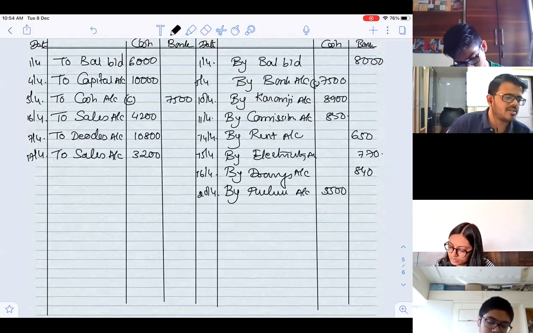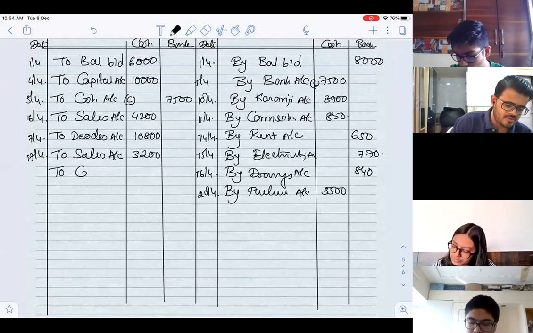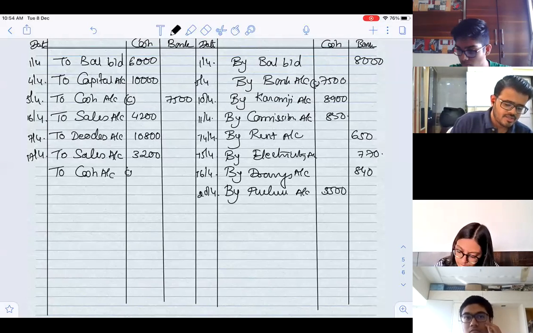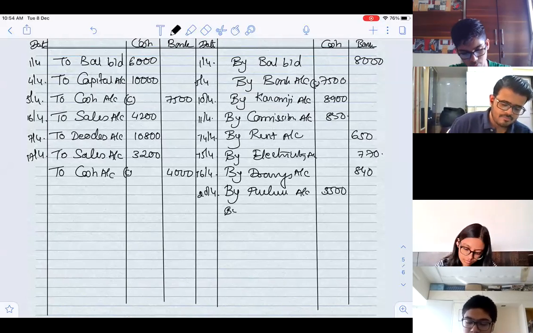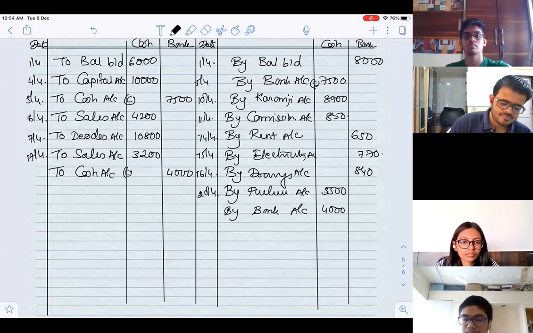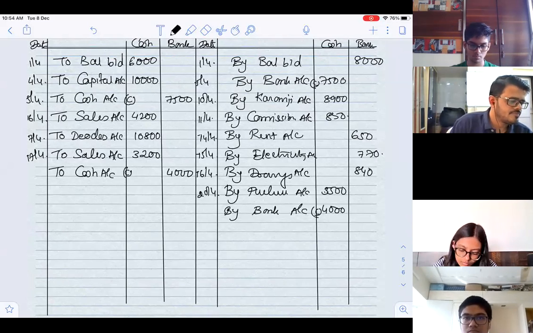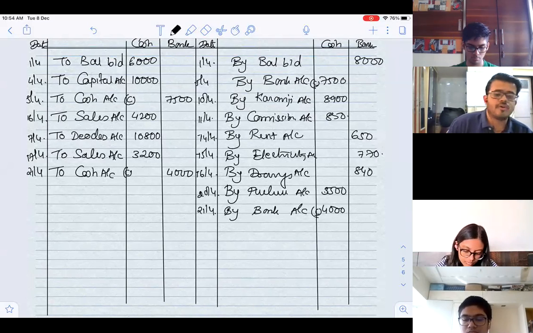And deposited 4,000 in the bank. So it is bank to cash, contra entry, to cash, bank column, by bank, cash column. Got it? This is on 21st. Then drew 3,000 for office use from bank.